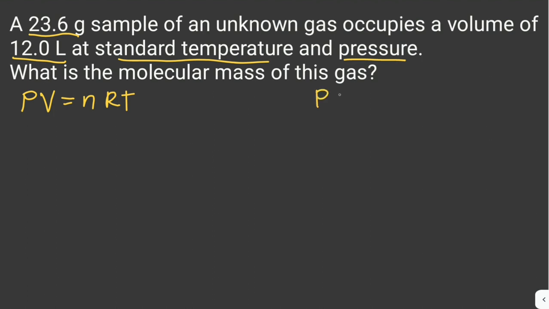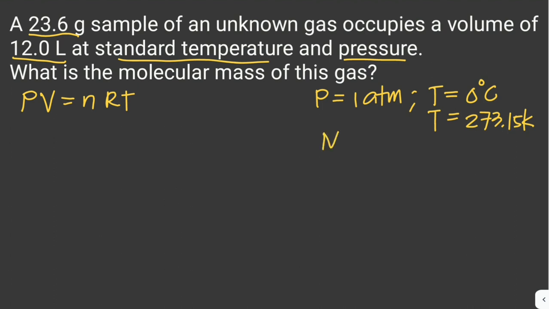So that means our pressure is equal to 1 atmosphere, and our standard temperature is 0 degrees Celsius, which is equal to 273.15 Kelvin.